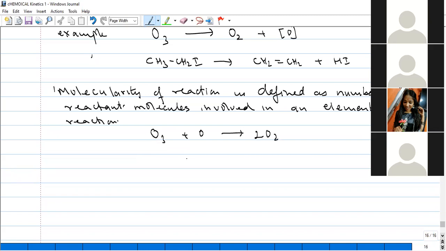How many molecules are involved? 2 molecules. So it is a bimolecular reaction. If we take this one, C2H5I giving you C2H4 plus HI, only one molecule is involved, so it is a unimolecular reaction.